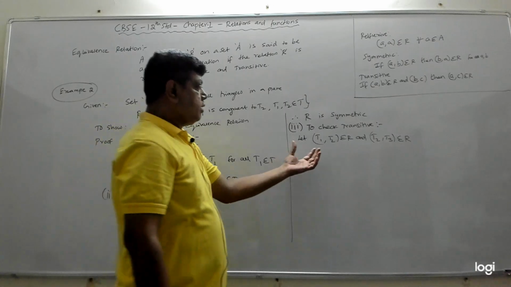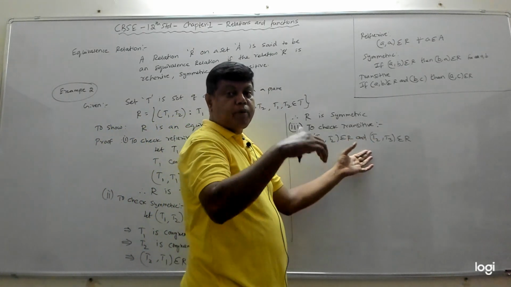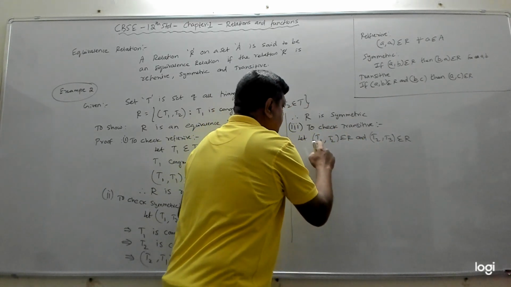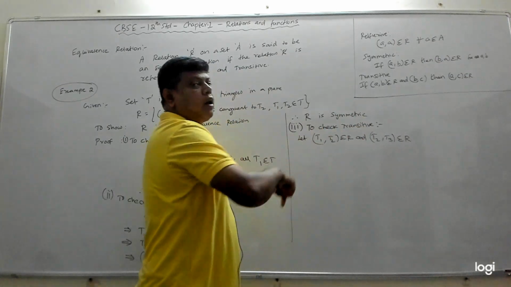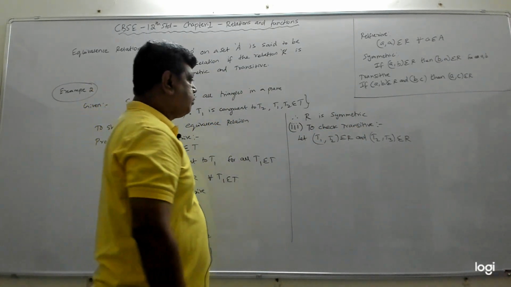If these two elements are present in R, then we should prove that (A, C), meaning (T1, T3), should be in R. If we prove that, then we can say that R is transitive.